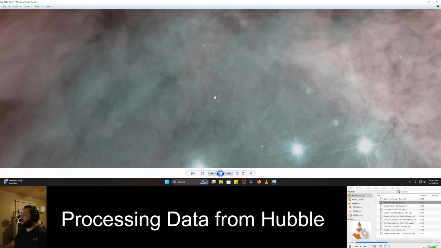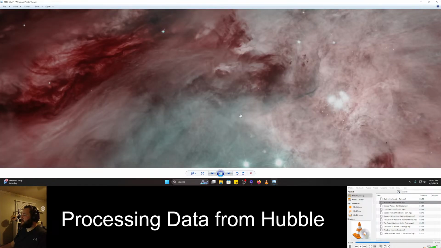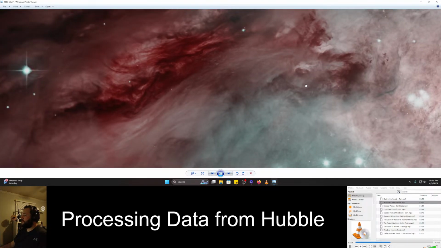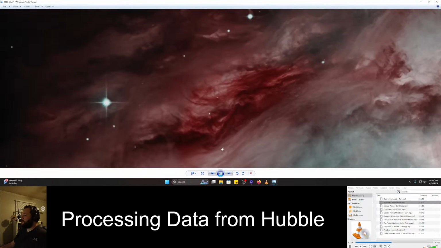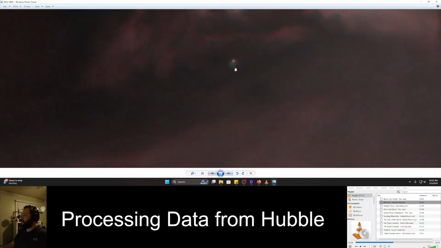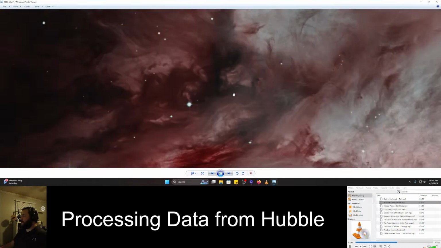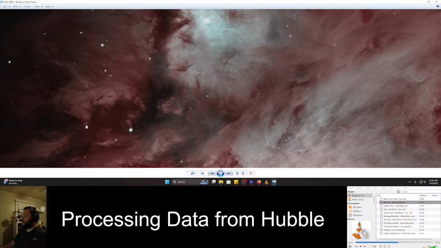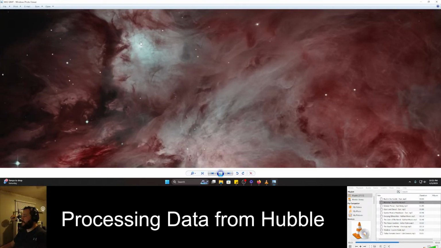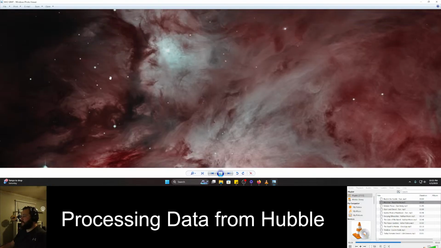Let's see what else is interesting that we can find in here. I think there's a star right here that is like kind of behind some of this dark gas. By the way, what this is that there's another star right here that, just like these, has blown out part of the nebula.